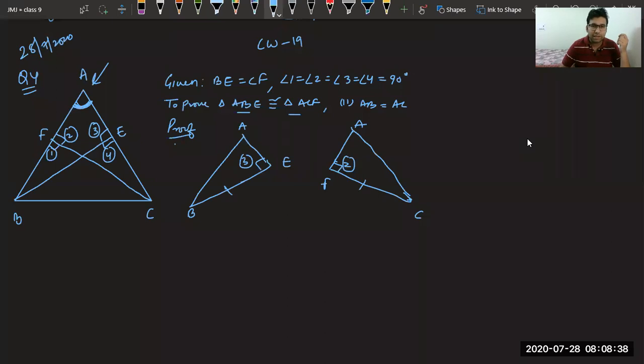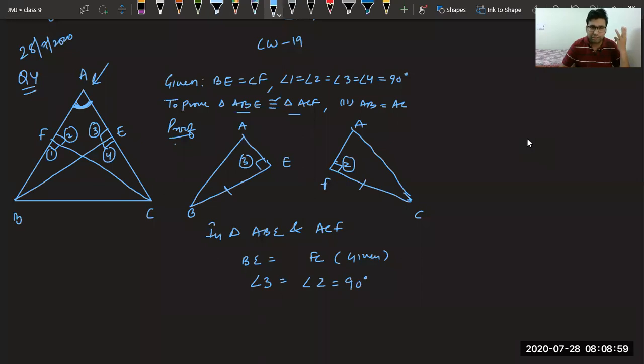So we can say in triangles ABE and ACF, first thing that we have noticed is BE is equal to FC given to us. Second thing that we have done is angle 3 equal to angle 2, both are 90 degrees.